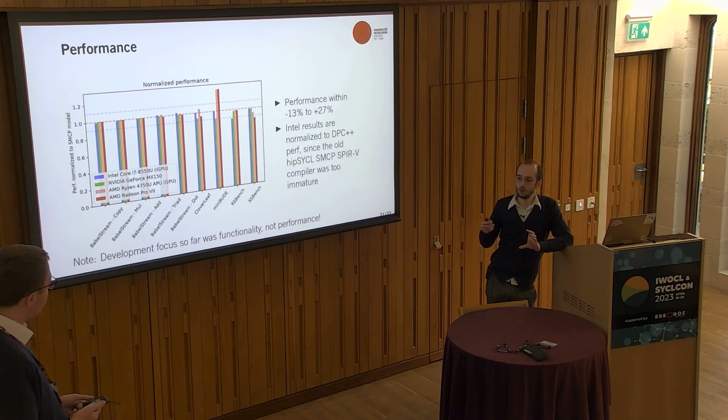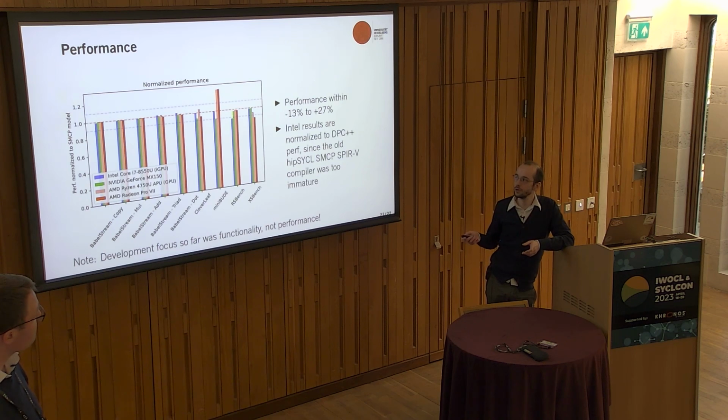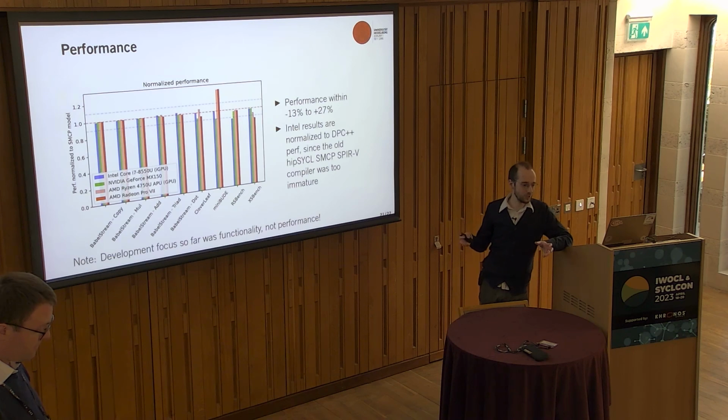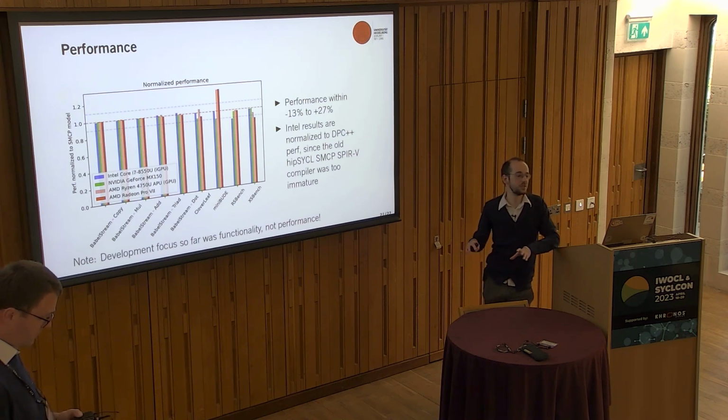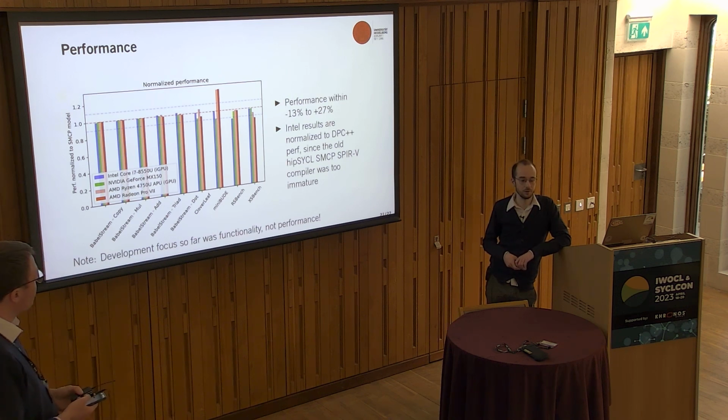So the order of the optimizations that are applied is different. Here, in the SSCP compiler flow, we do quite a lot of optimizations at the LLVM-IR level. We inline very, very aggressively. And then the code is passed to HIP-RTC, which also potentially does something to it that is not present in the earlier SMCP compiler. So it's just very different processing steps that are applied to the code.